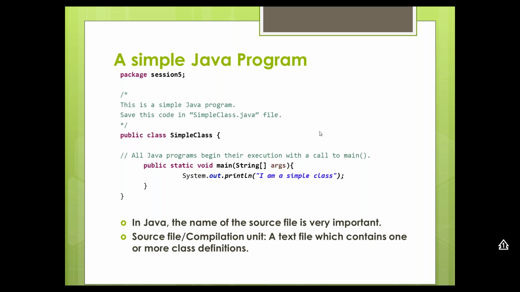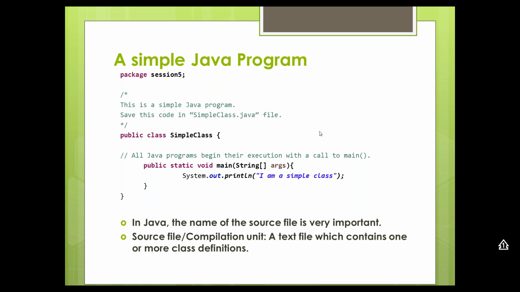For example, in the case of other languages like C, C++, or Python, the name of the file is not that important for the code that you have written in those languages.